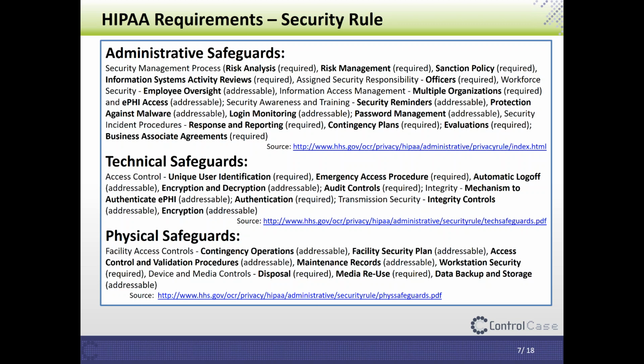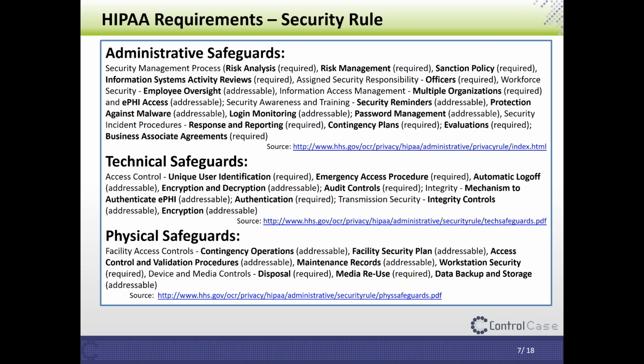Then you have administrative safeguards such as password management, anti-malware, antivirus, ensuring that you have a risk management, risk assessment done within the enterprise, and making sure there are contingency plans and business associate agreements.